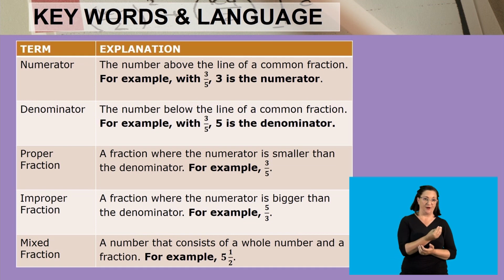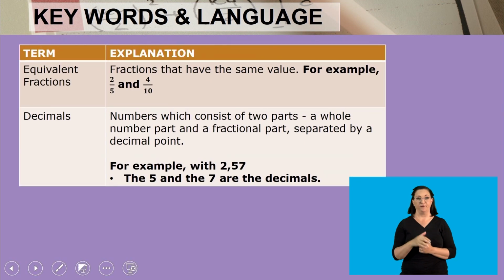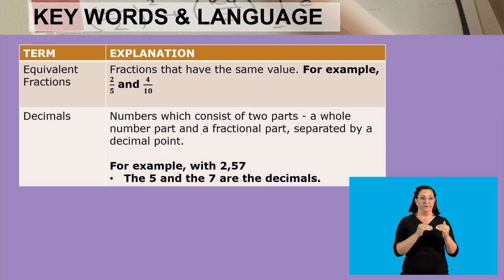Then we have a mixed fraction. That is a number that consists of a whole number and a fraction. For example, we have 5 wholes and 1/2. So that is 5 1/2. Then we have equivalent fractions, fractions that have the same value. For example, 2/5 and 4/10 have the same value.